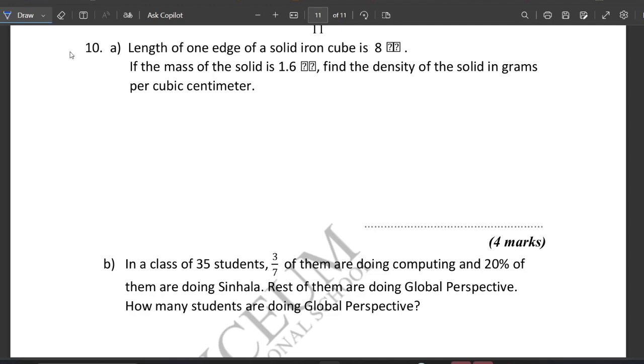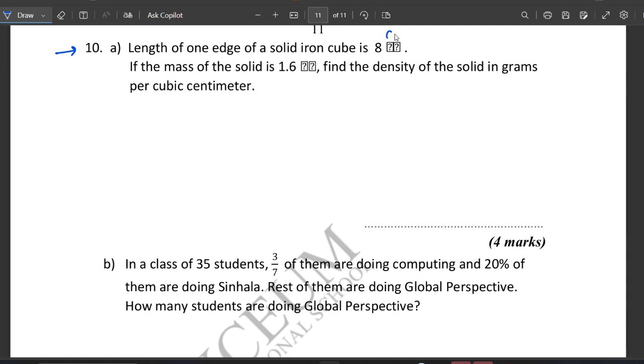The 10th question. The length of one edge of a solid iron cube is 8. If the mass of the solid is 1.6, find the density in grams per cubic centimeter.